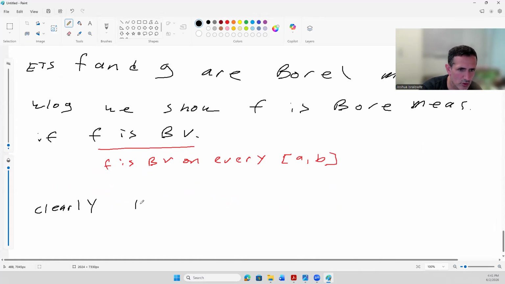So I want to show that each one of these is Borel. The easiest way, the only way I know to do this, is to write it as this union.